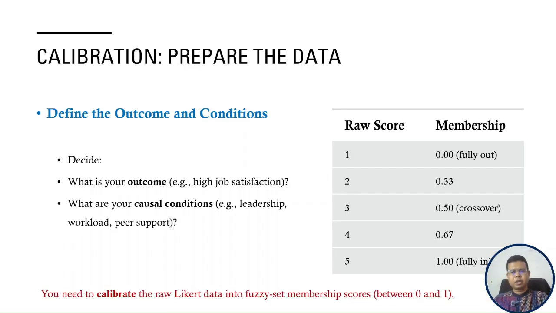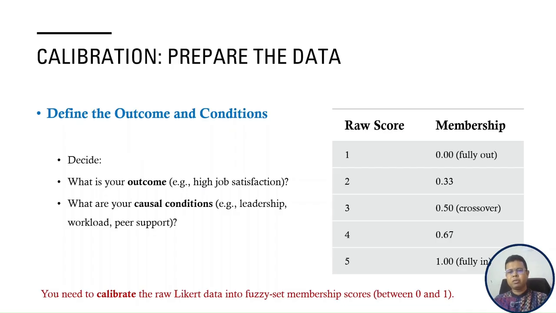For calibration purposes, say for example, we have Likert scale data. Maybe one is strongly disagree, three means neutral, and five means strongly agree. In many papers there are some techniques or methods. It's not universal, right?